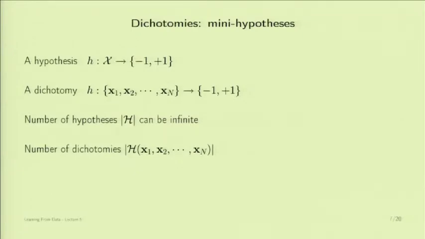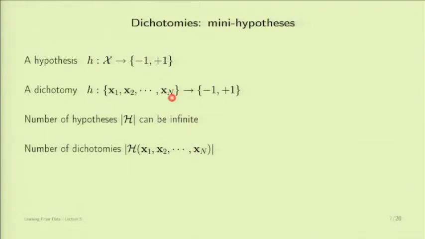The dichotomy is a function small h applied to one of those points. So when I talk about the value, I would say h of x1 or h of x2, one value at a time. If I decide to use the fancy notation, I say I'm going to apply small h to the entire vector, x1, x2, up to xn, meaning that you tell me the values of h of x on each of them. So you return a vector of the values, h of x1, h of x2, up to h of xn.